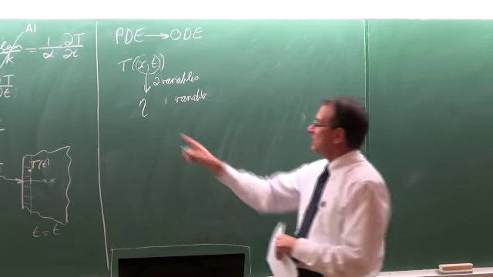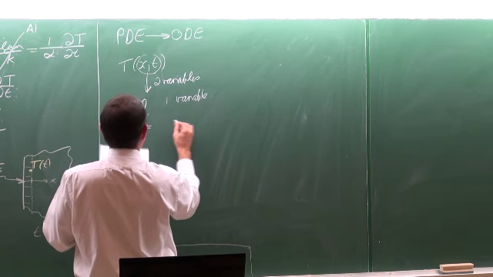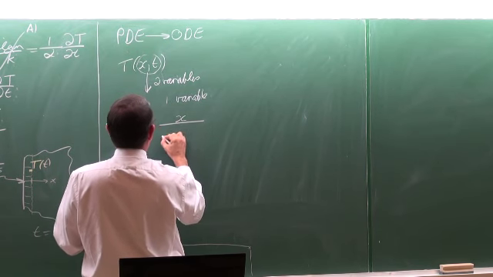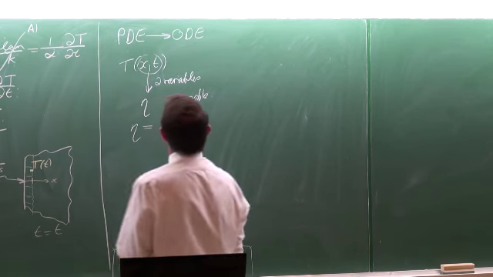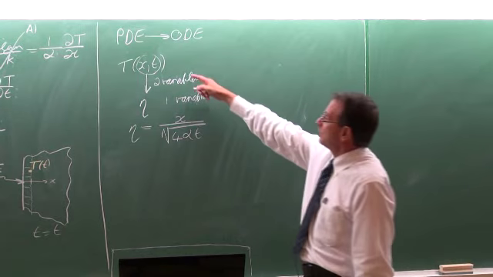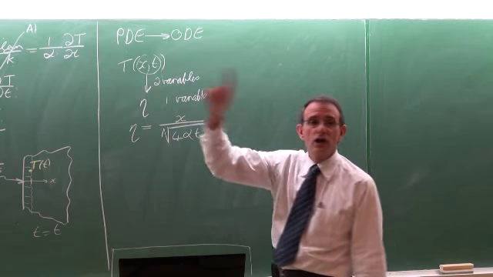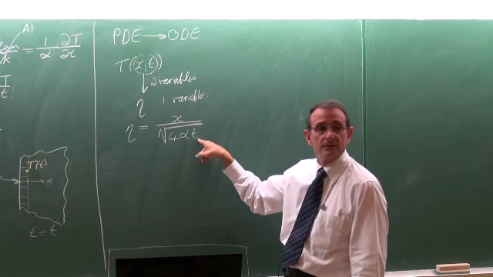So we define eta, where eta is now equal to x divided by the square root of 4 times alpha t. Okay. So from the two variables, x and t, we now only have one variable. And as you can see in this one variable, we've got x and t.